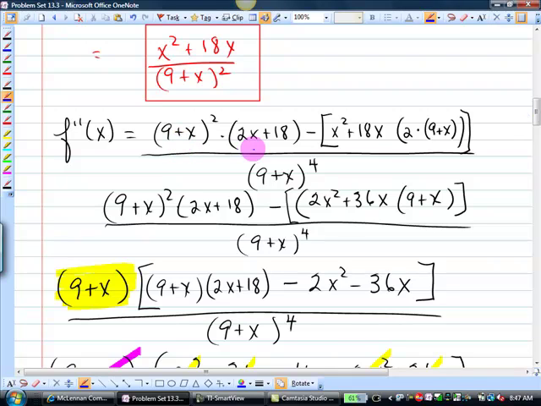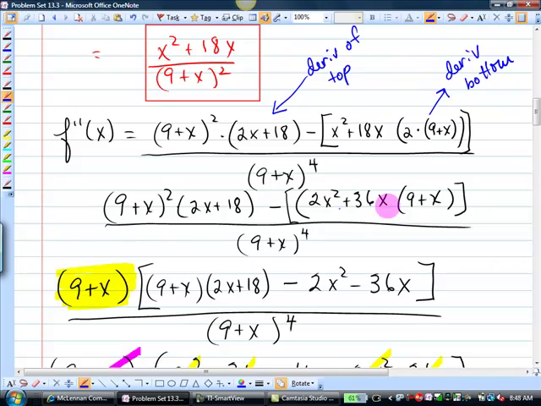Bottom times the derivative of the top minus the top times, and this is the derivative of the bottom. That's the calculus part of it. The rest is algebra. So it's making sure that you can multiply and find like terms and that sort of thing.